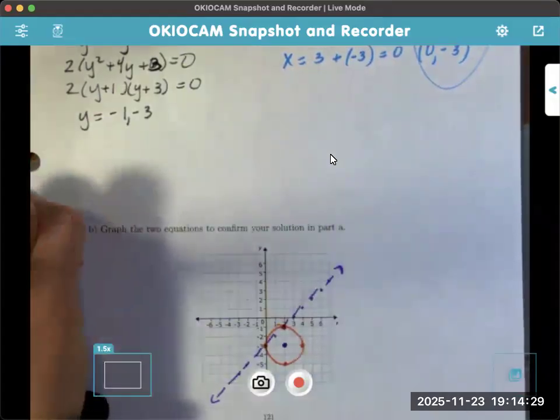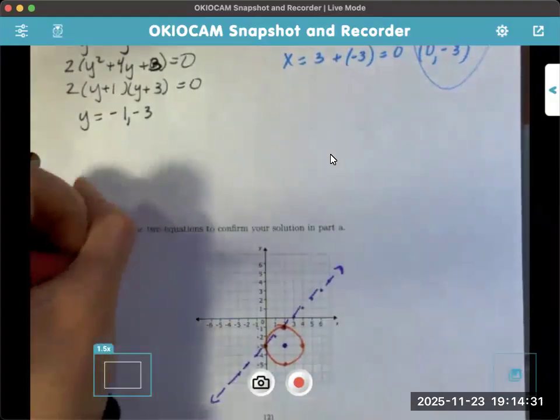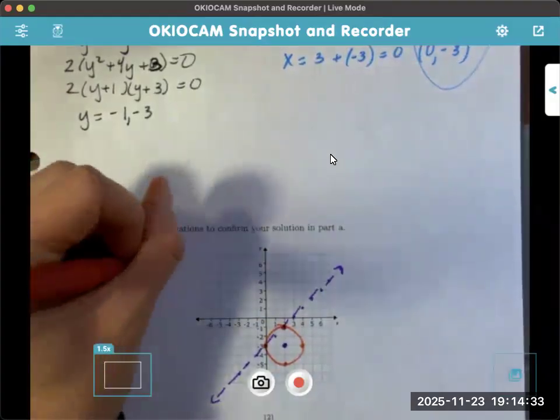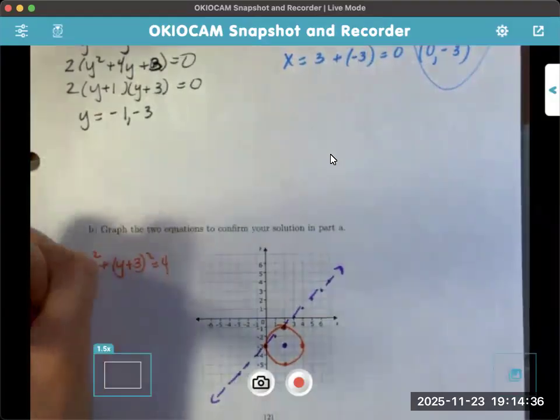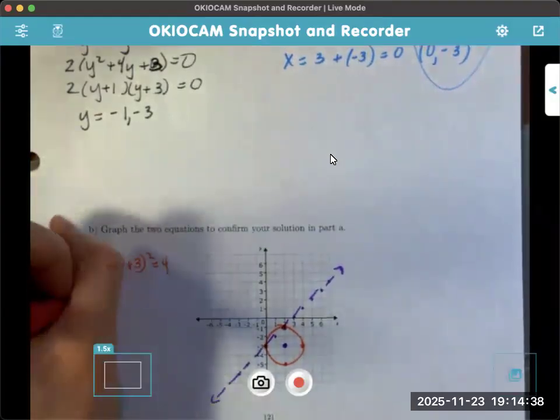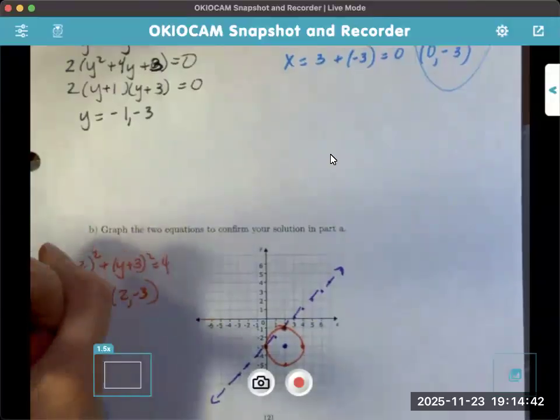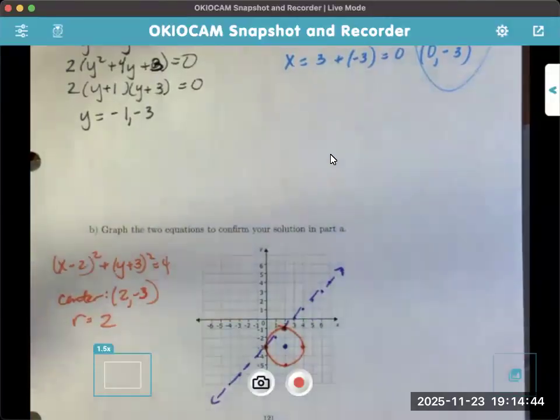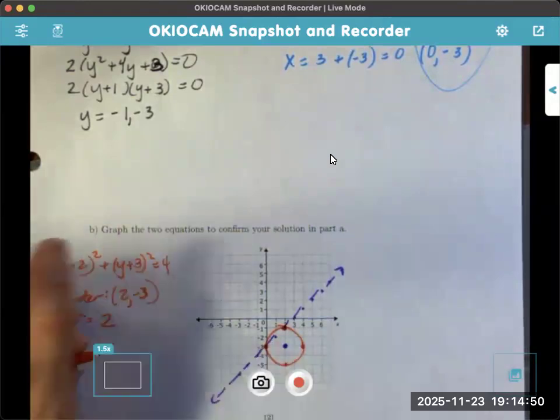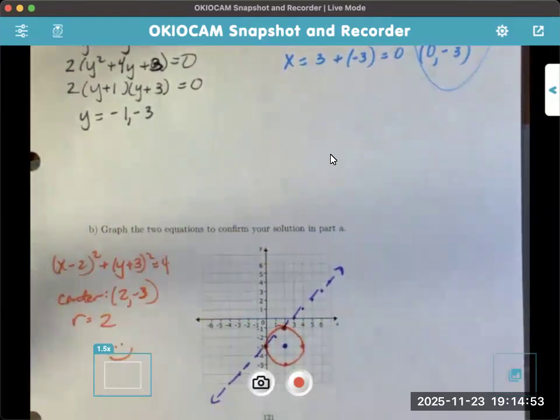Because x minus 2, quantity squared, plus y plus 3, quantity squared equaling 4. Remember, it says the center, right? You just change the signs to 2, -3, and you square root the last number to get your radius. And again, 0, -3, and 2, -1. Yay! Go us.